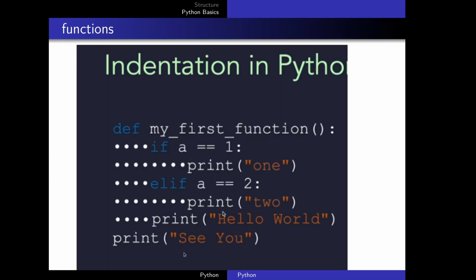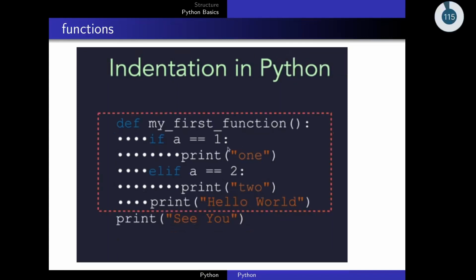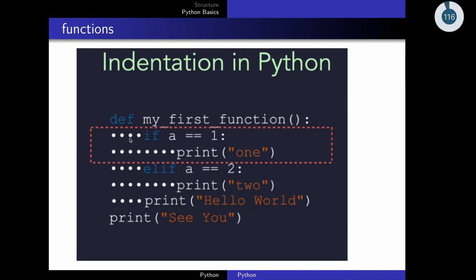And then this print see you 1 is outside of the function. If I draw, this is the code block of the function. The function ends here. Now this is the code block of the if, and this condition belongs to the if.